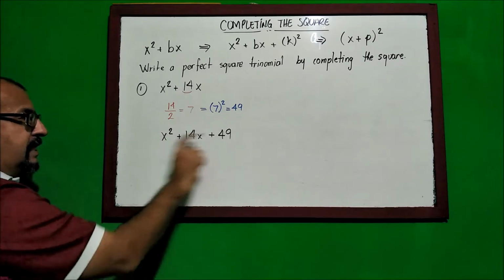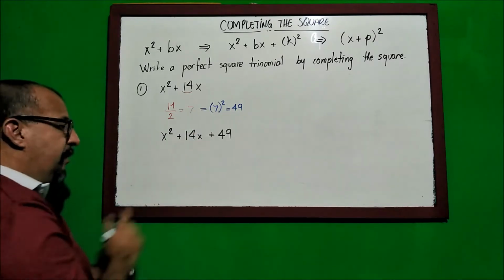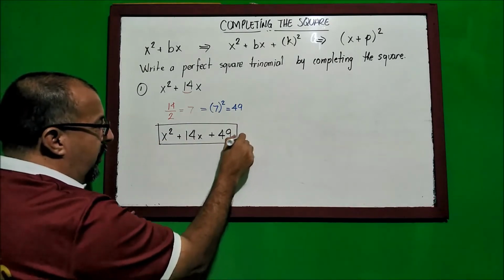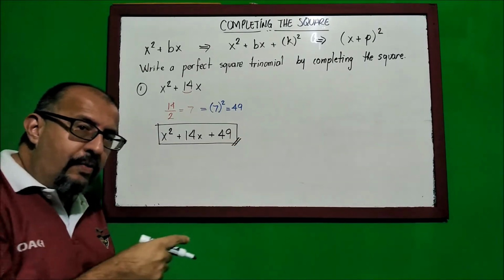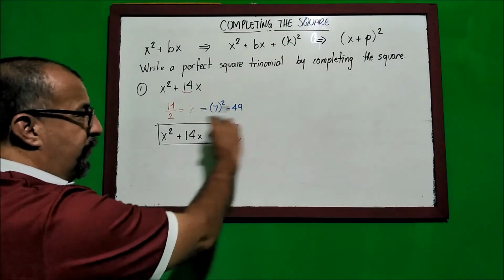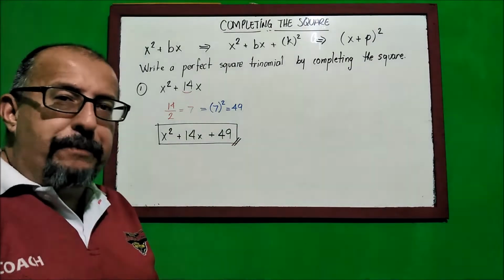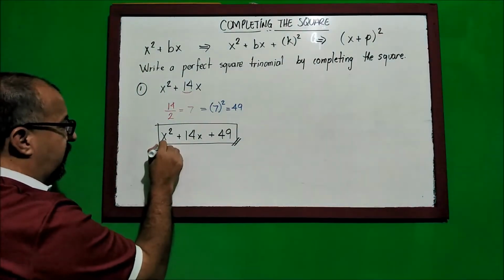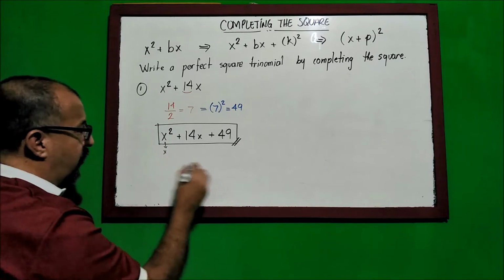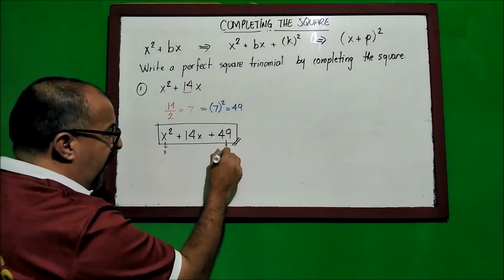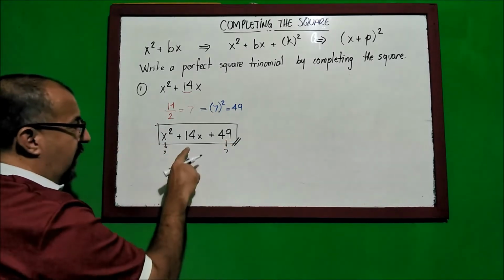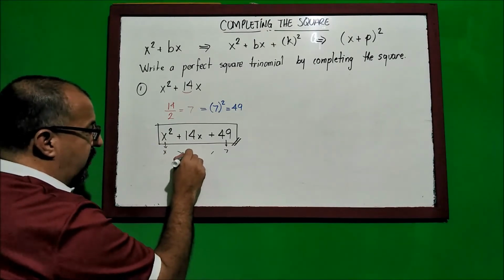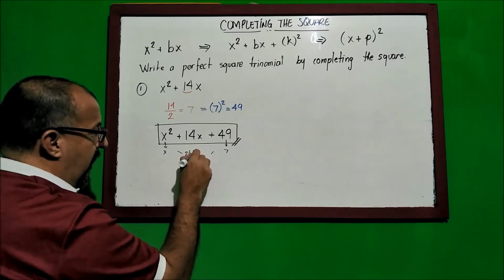How do I know that this is a perfect square trinomial? Okay, because this is the process of completing the square. Here we finish it. What we're going to do right now is prove that the polynomial that we obtain is a perfect square trinomial. How do we prove it? If you remember the factoring process, we identify the root of the first one, we identify the root of the last one, which is 7, and the one in the middle needs to be 2 times the first value and the last value.